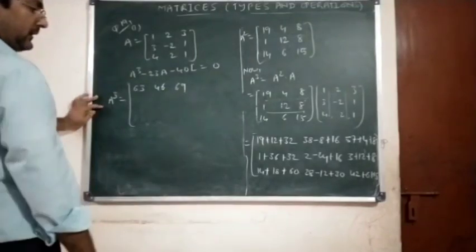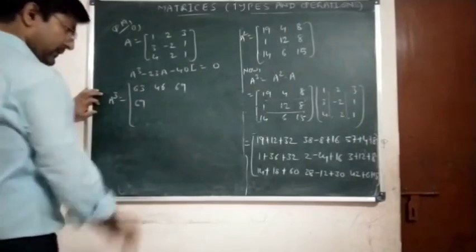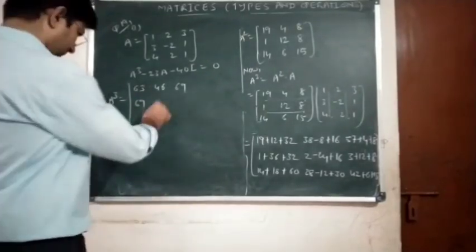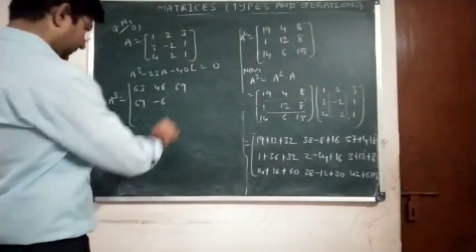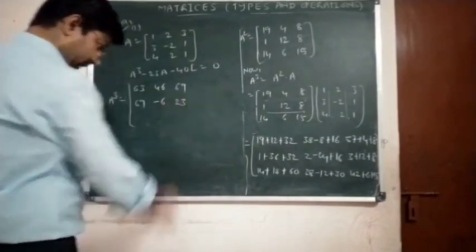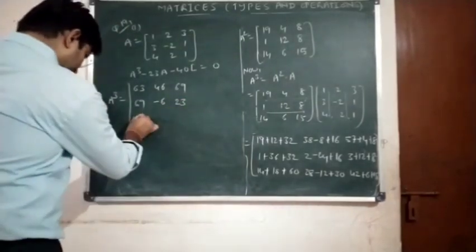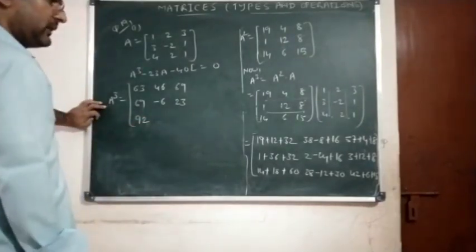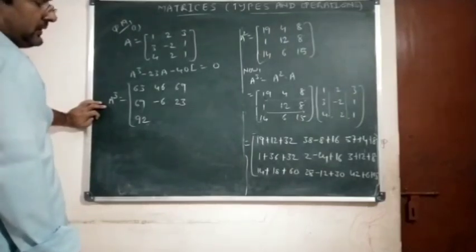Again 30 plus 30, 60, 68 and 69, and 18 minus 6, and we have 12 plus 8, 23, then 60, 70, 80 and 92, then 20, 28, 26 and 10, 16.